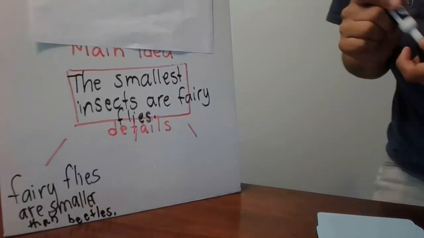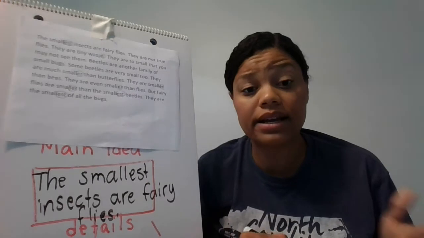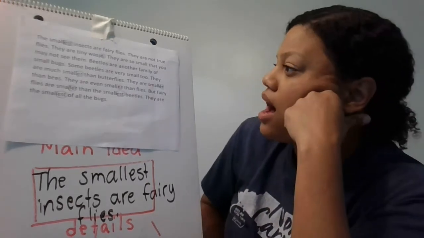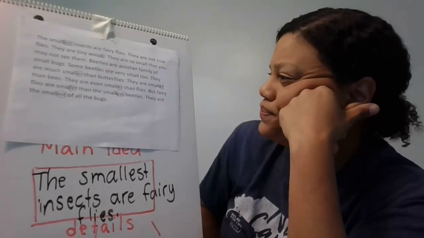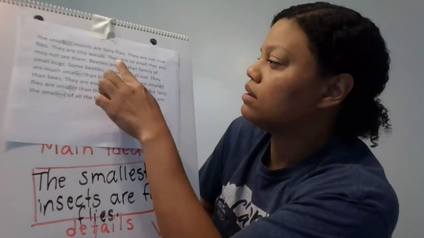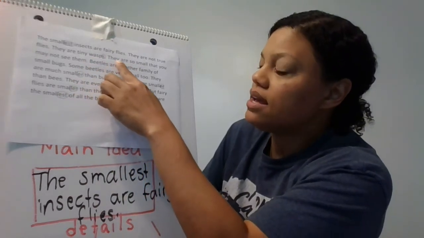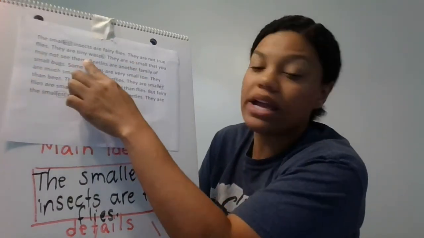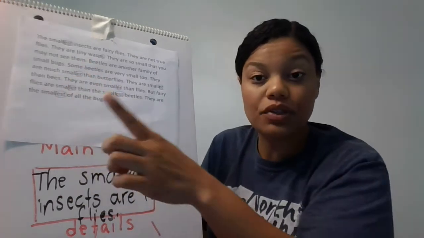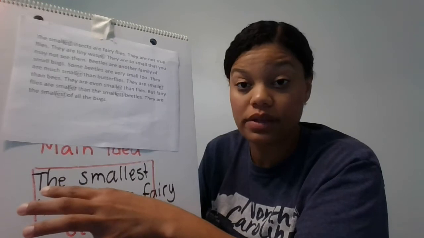Okay. Now I also want to look in the passage to see what else do they talk about. What other things are small? What other things are they comparing to the fairy fly? Let's see. I think that this is also important. They talk about they are so small that you may not see them. That's another detail. My first detail was how the fairy fly is smaller than the smallest beetle.